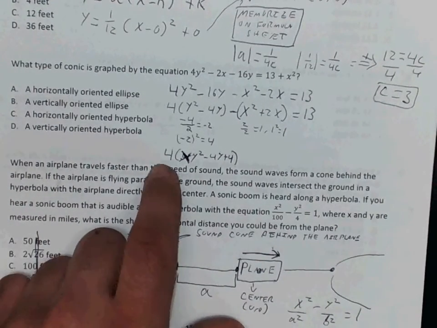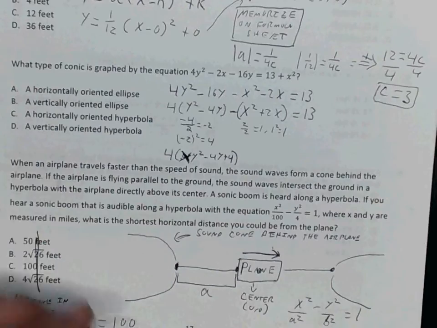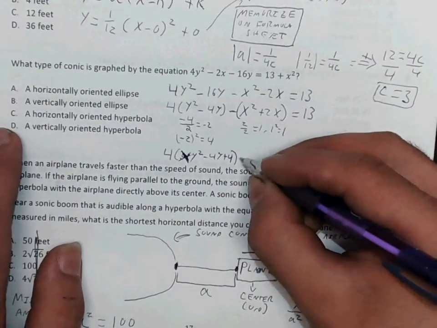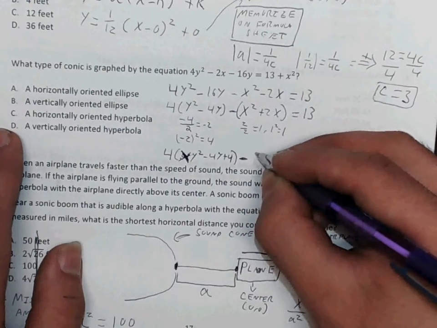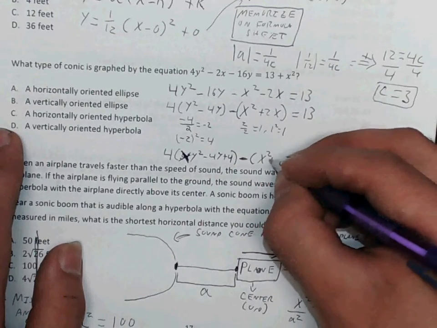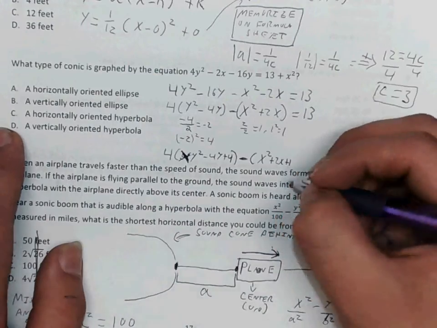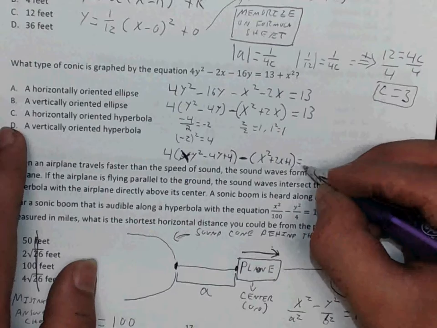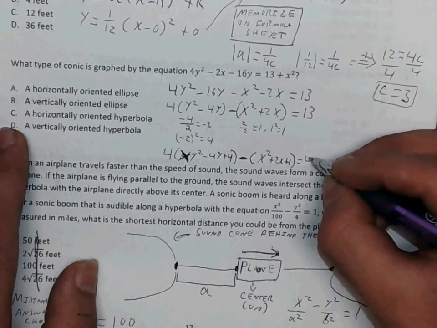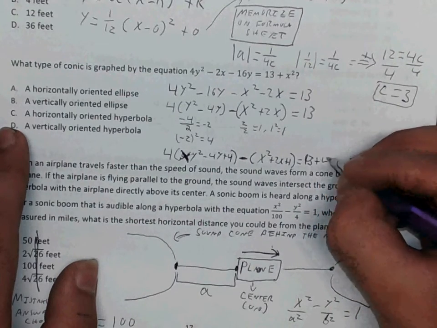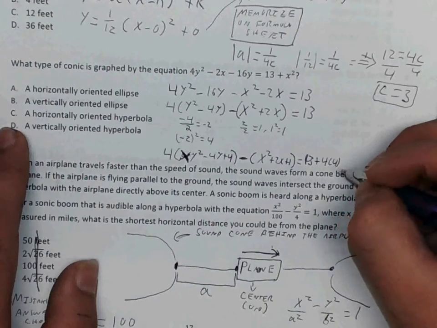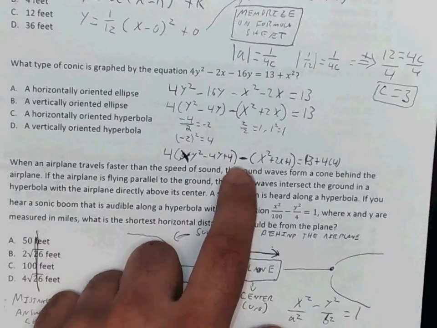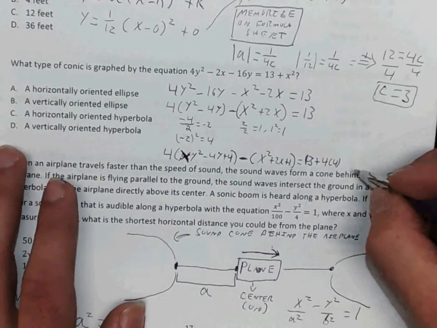So that's just 4 times y squared minus 4y plus 4, and that's going to be minus x squared plus 2x plus 1, is equal to 13 plus 4 times 4 and minus 1. So this is a plus 1, it's going to be minus 1.